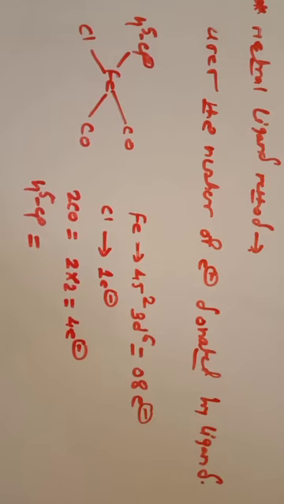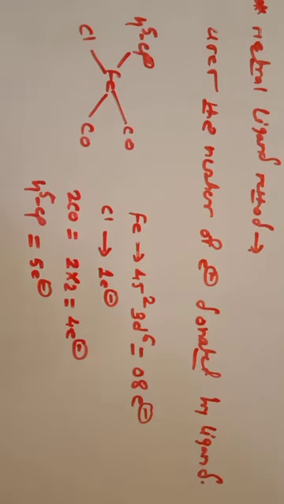When the hapticity is 1, it contributes only 1 electron. So whatever the hapticity of the ligand, it is nothing but its electron donation to the metal atom. So this eta 5 Cp contributes 5 electrons.